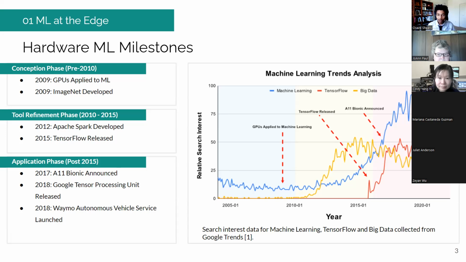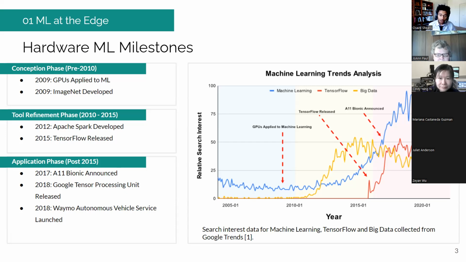Apple has been one of the forefront runners of this implementation on the edge computing side of things. They released the A11 Bionic back in 2017, and this was their first system on chip that actually utilized a neural processing engine. So they had dedicated silicon, dedicated hardware in that SoC that was able to perform machine learning inference.